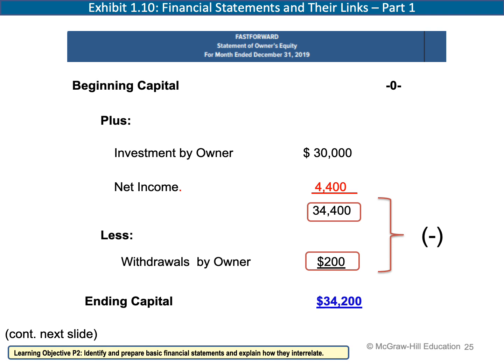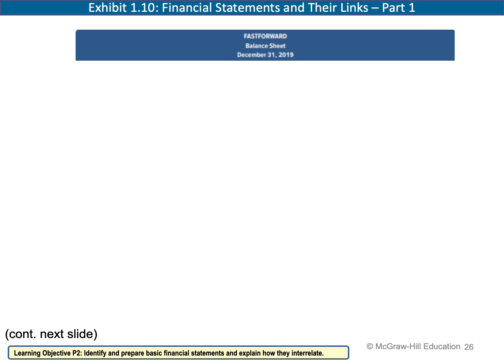34,200. Now we're going to learn how to prepare the balance sheet. Again, you have to start with the company name in the first line, then the statement, which is the balance sheet statement, and we are preparing this for December 31st, 2019. Now, if I ask you, what are the components of the accounting equation? If you can remember, it includes assets, liabilities, and equity.